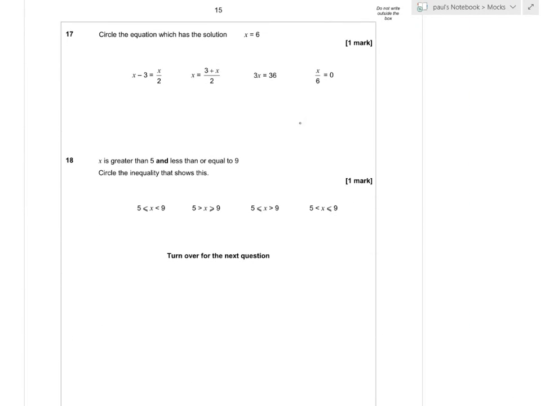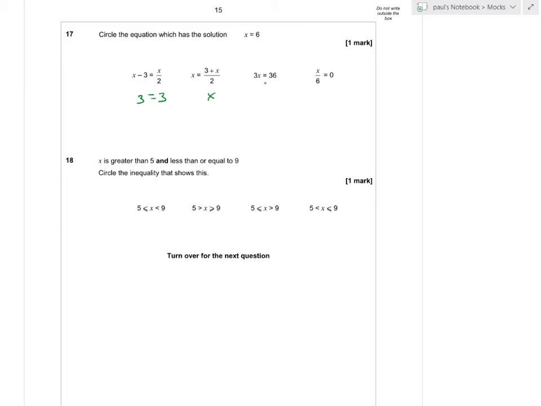Circle the equation which has the solution x equals 6. Okay, so let's have a look. 6 minus 3 is 3, and 6 divided by 2 is 3. 3 plus 6 is 9. 9 divided by 2 is 4.5.